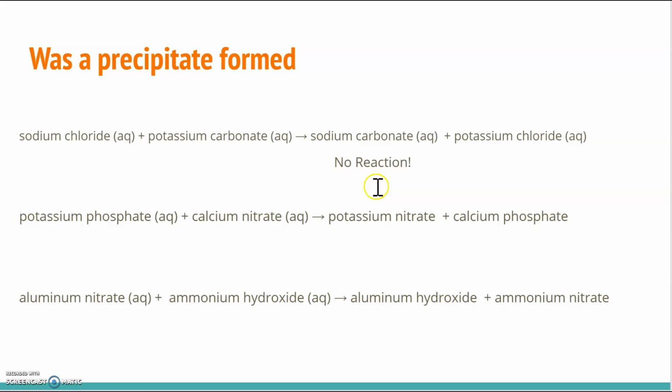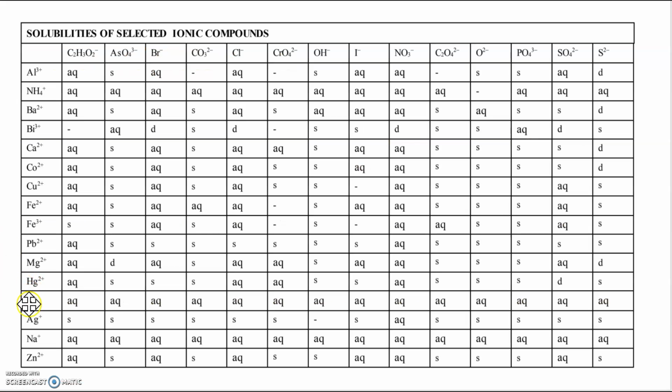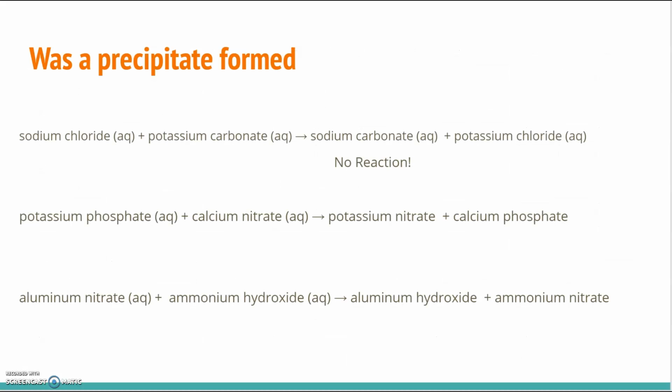So are either of these a solid? Well, once again, let's check our list on solubility. Potassium nitrate. Well, if you remember, potassium was soluble with everything, but here is potassium and nitrate. It is aqueous. And what about the other one, calcium phosphate?